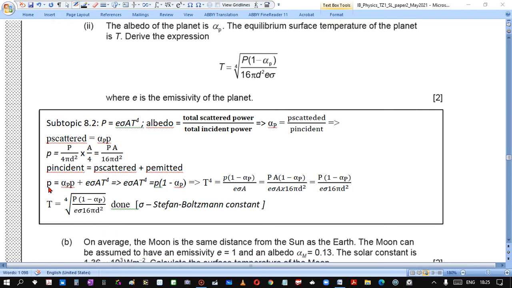After putting the expression for each and rewriting for T to the fourth power, then we find the fourth root to find T, and then we see that the power falling on, so the solar constant, so we got the formula actually. We don't need to calculate.